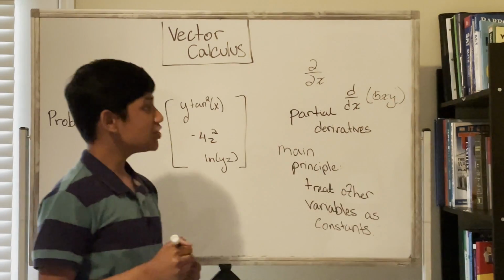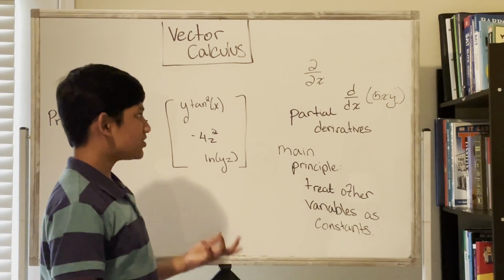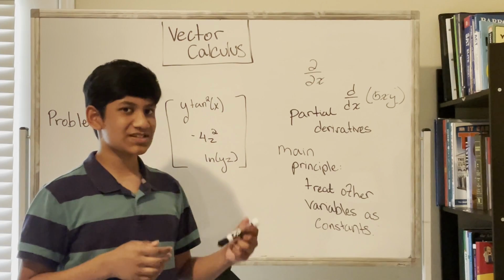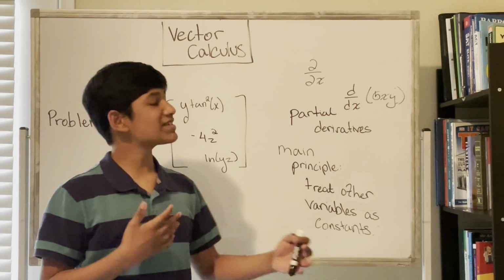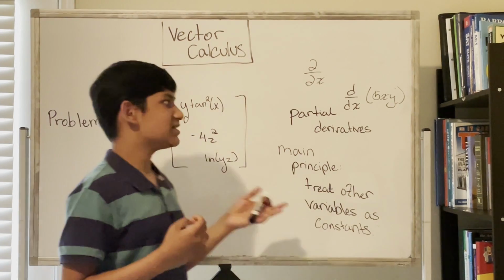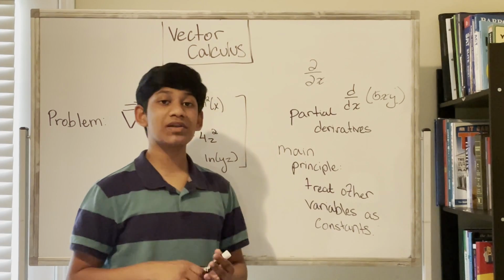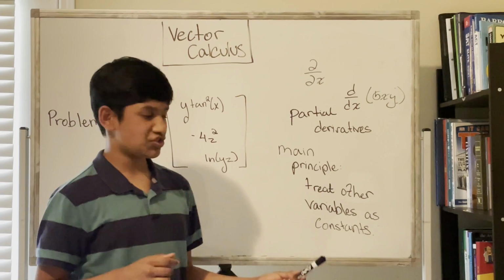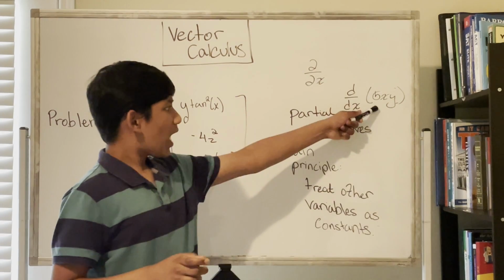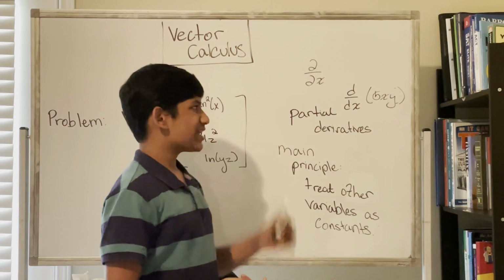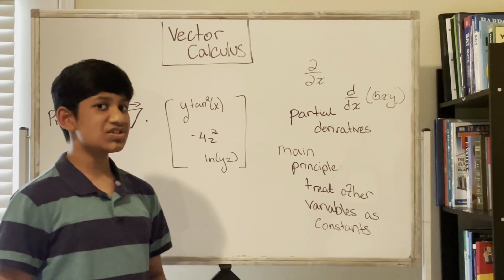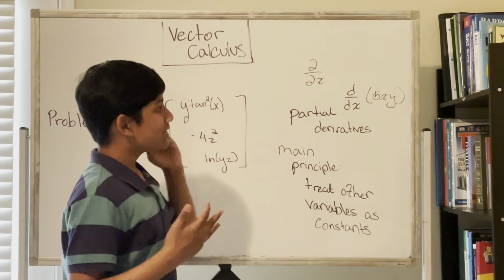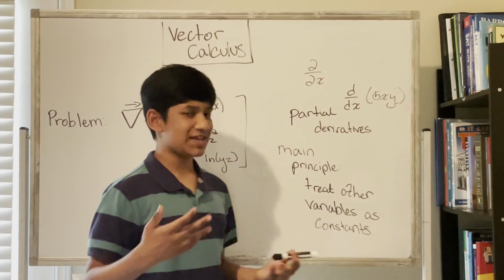Now normally you would use implicit differentiation, but sometimes for purposes in physics or other purposes in mathematics, we really don't want to use implicit differentiation. And by the way, if you want to learn more about implicit differentiation, please visit my video on implicit differentiation. Okay, so as I mentioned, in physics or mathematics, we wouldn't want to use implicit differentiation in some circumstances. So it'd be rather pleasurable to actually treat the other variable as a constant.